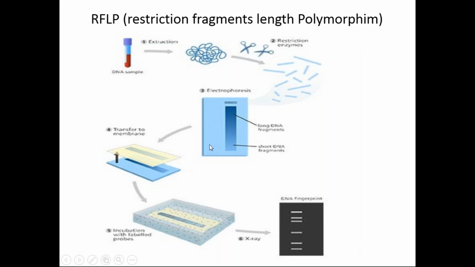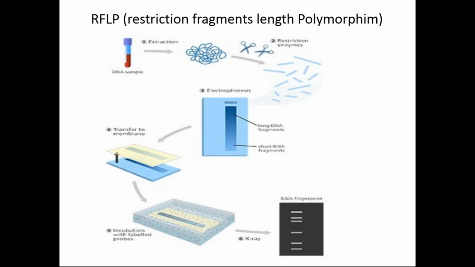After the completion of electrophoresis, we transfer that band pattern onto a nitrocellulose membrane. Why? Because whenever we cut the genomic DNA of human beings, an n number of fragments are generated, and those fragments have a very negligible difference in base pairs. That's why when we complete the electrophoresis, we get a blurred band.